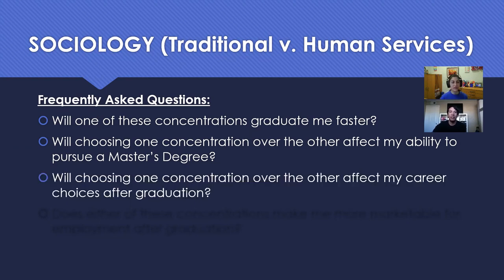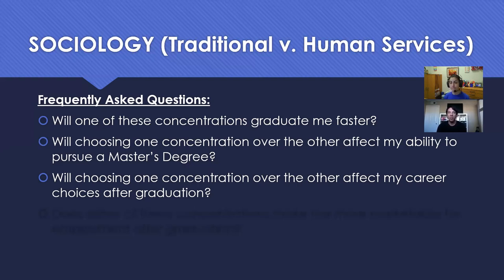Thank you. Okay, the next question. Will choosing one concentration over the other affect my career choices after graduation? I think that if you're set on going into social work, you definitely want to go to the human services concentration, just because we've created that concentration to fit that mold and to fit that career path. But that doesn't necessarily mean that you can't do that through the traditional track.